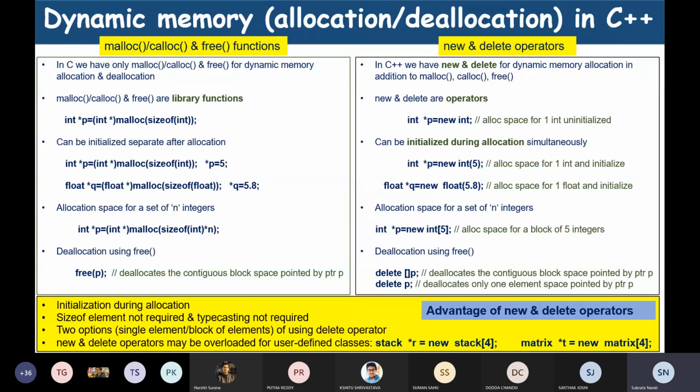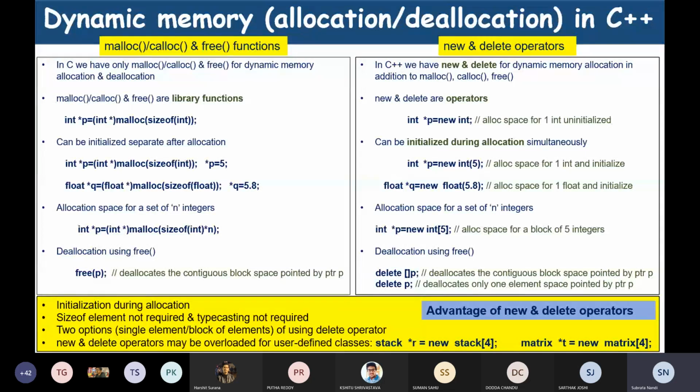We faced a problem with dynamic allocation, where what you intuitively expect was not working, and we ended up with a strategy to allocate the rows separately and then store the base addresses of each individual row of a 2D array in another array of integer pointers. So that was the strategy.